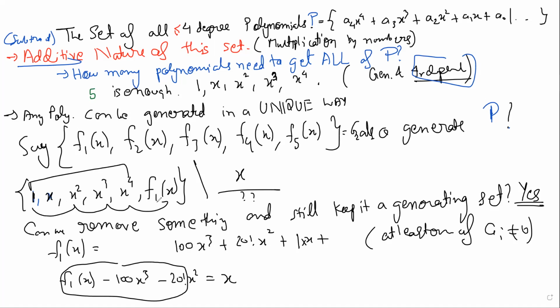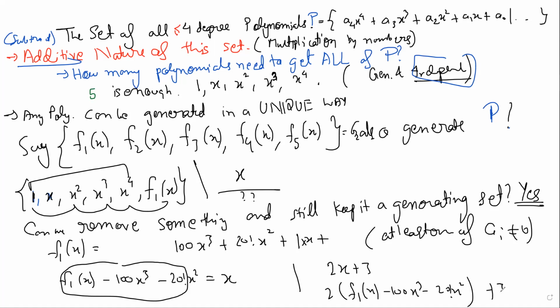Is that okay? Yeah. You can take an example. Let's say you want to write the polynomial 2x plus 3. Simple. Now, what you can do is you can replace x by this.